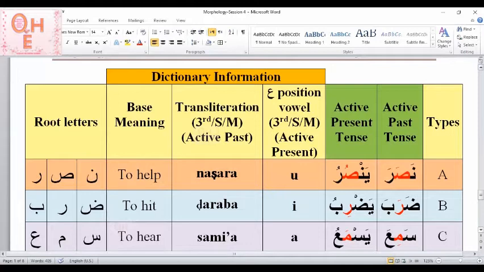This is the basic pattern for active present tense. So we just need to know the vowel of the ayn position root letter. For noon, sod, ra, we know sod has dhamma. That is how we get nasara and yansuru.